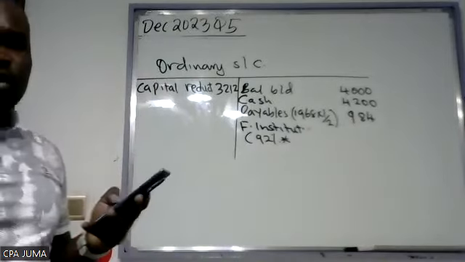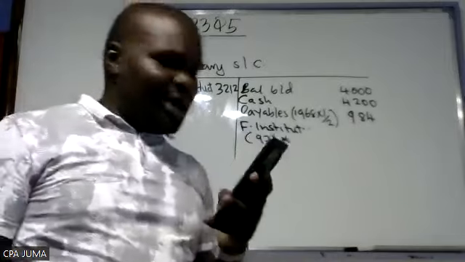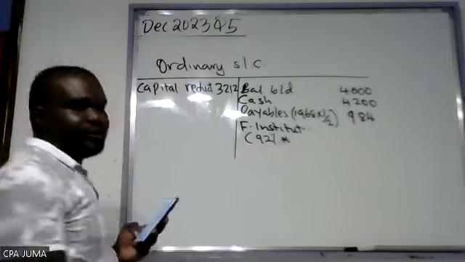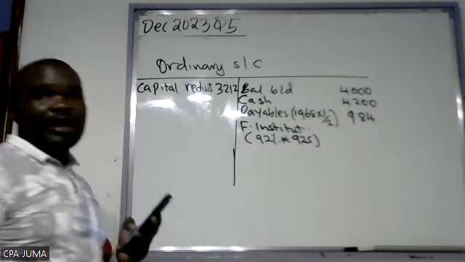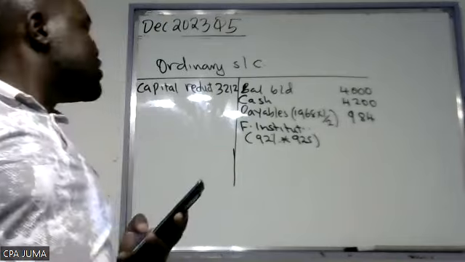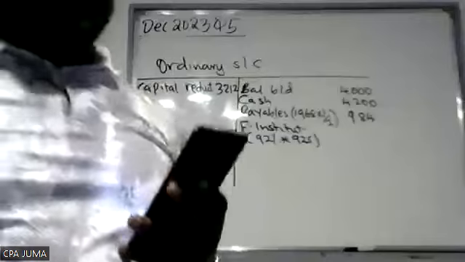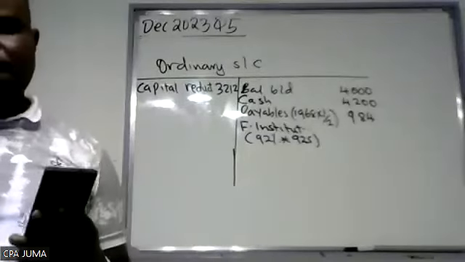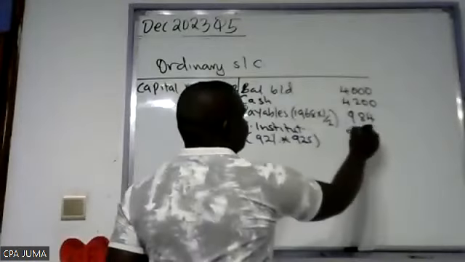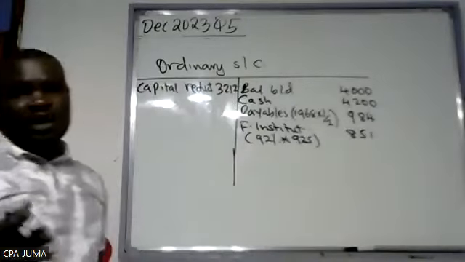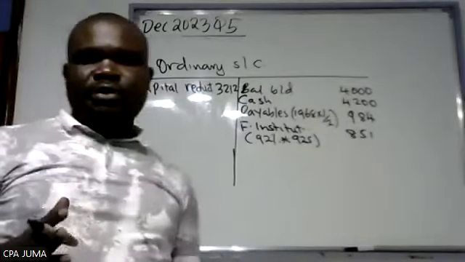So finance institution is going to be 92% times, it was the last item in the balance sheet, 925. So what is 92% of 925? 851. Thank you.